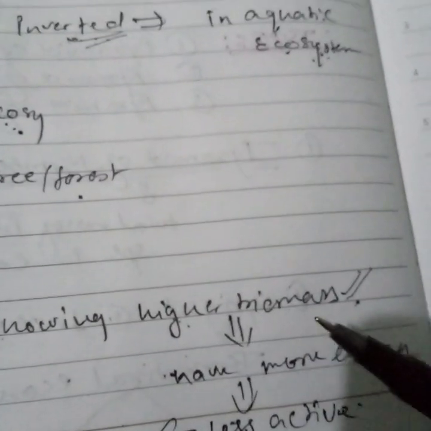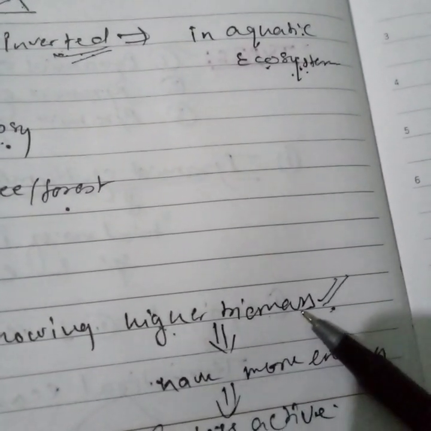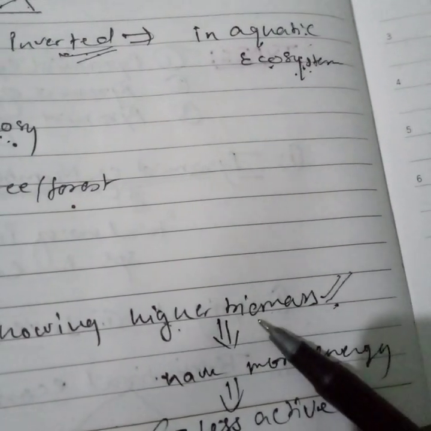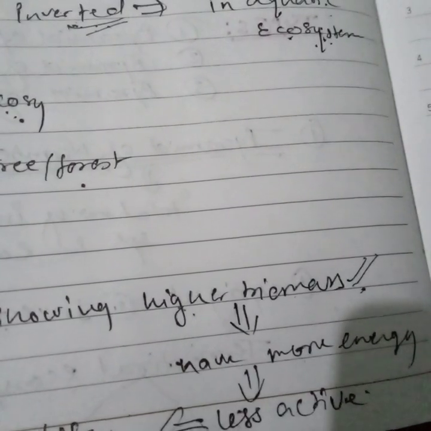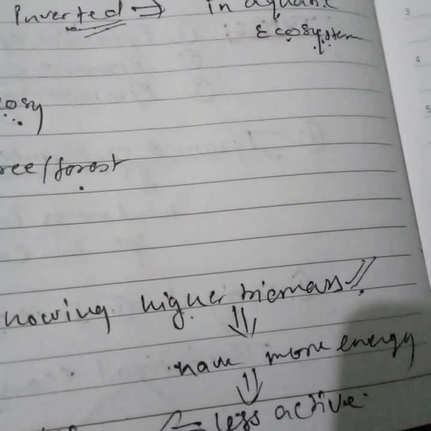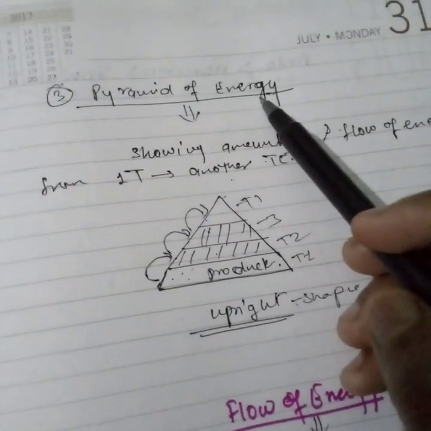So on the basis of the pyramid of biomass, organisms' life may be a short or long span.